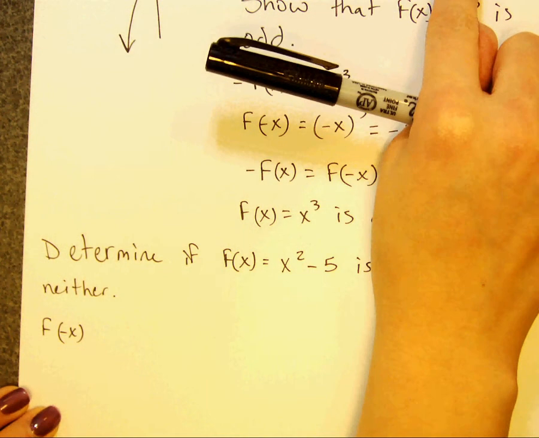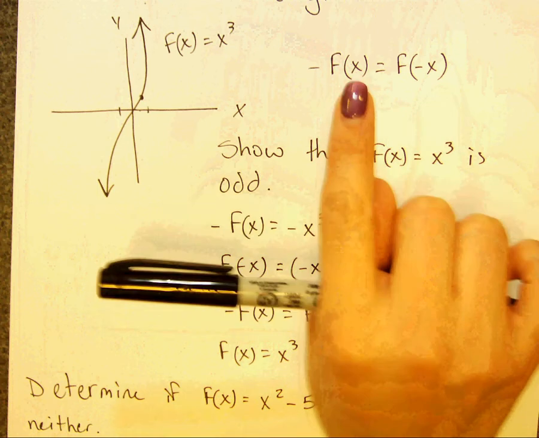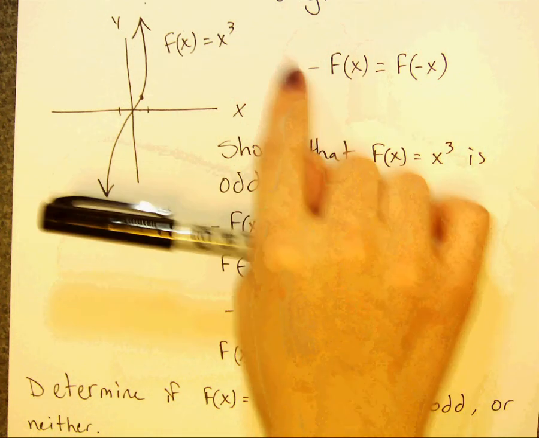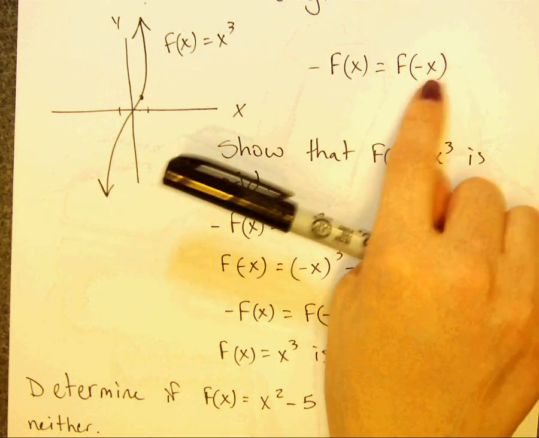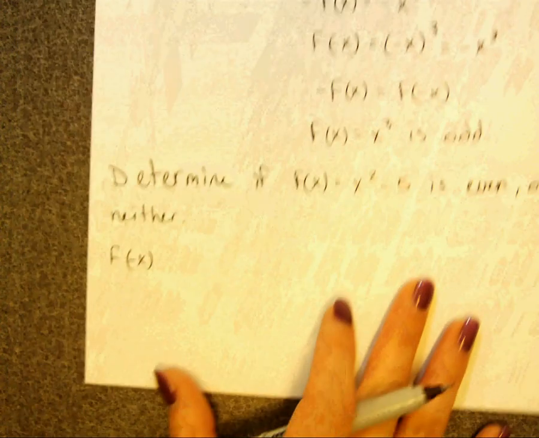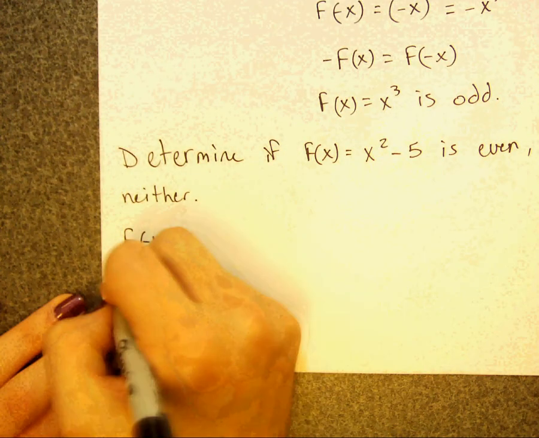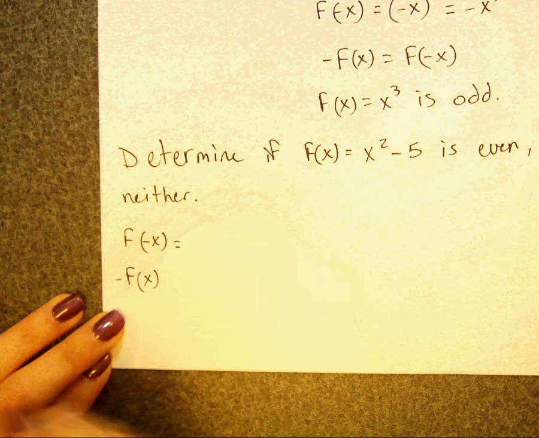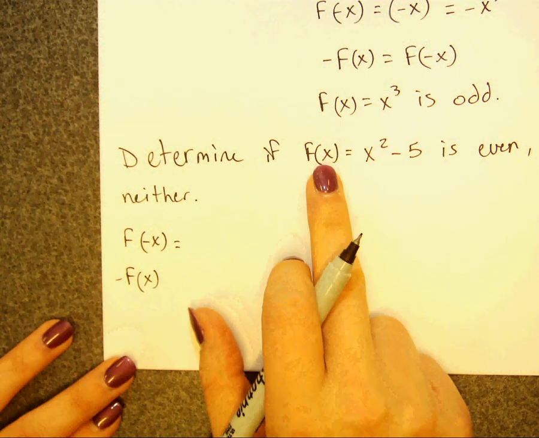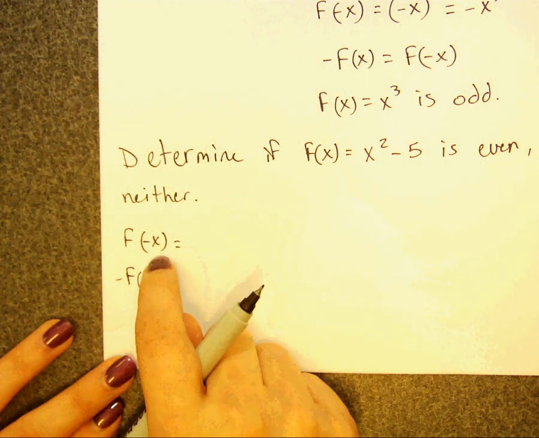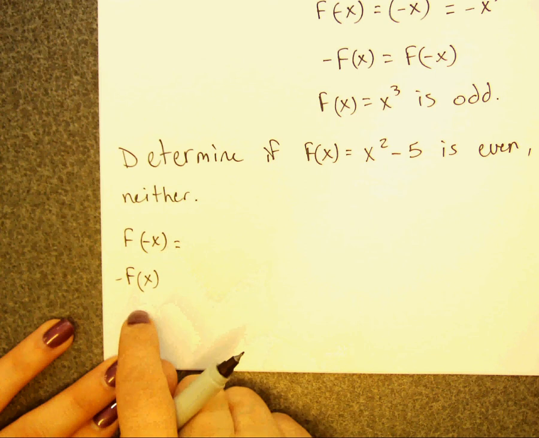To determine if it's odd, I need to know what negative f of x is and what f of negative x is. So I need to figure out negative f of x, right? And I'm going to compare f of x to f of negative x and negative f of x and figure out if it's even, odd, or neither.